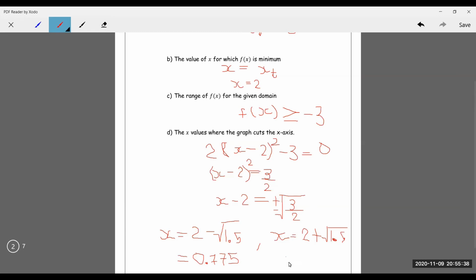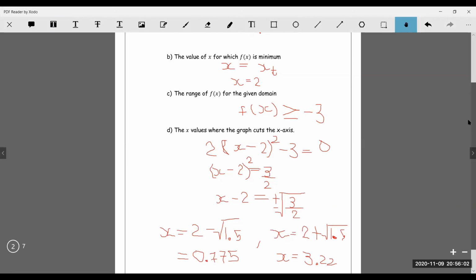So if we're adding 2 plus the square root of 1.5, we're getting that x is equal to, you put that in a calculator, 2 plus the square root of 1.5, I'm getting 3.22. And those are the two roots. All right, the two roots, 3.22 and 0.775.